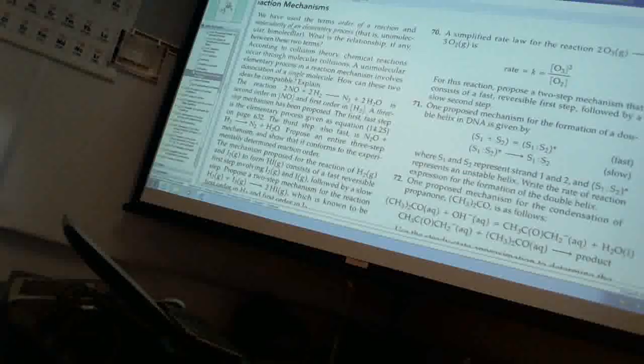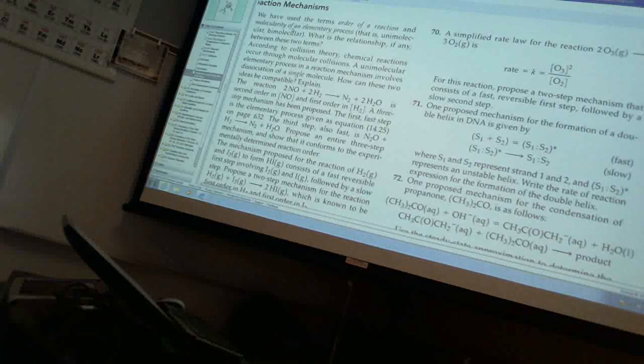And so how do you know the difference between an elementary step and a normal reaction in which there are multiple steps? You can't tell the difference. And so you're told that this is an elementary step or not. Sometimes you can't tell the difference. Sometimes you can tell the difference.